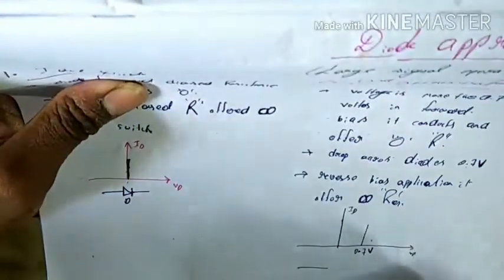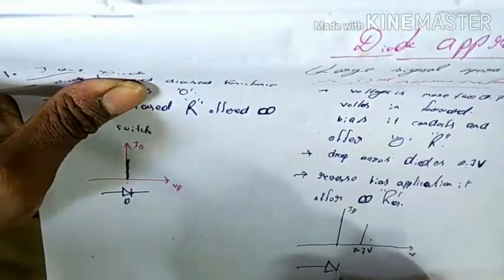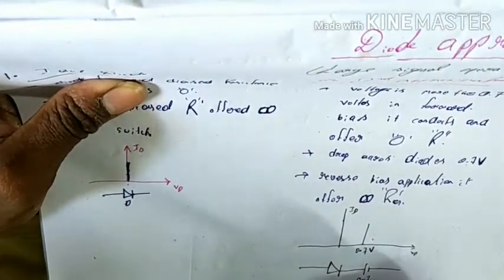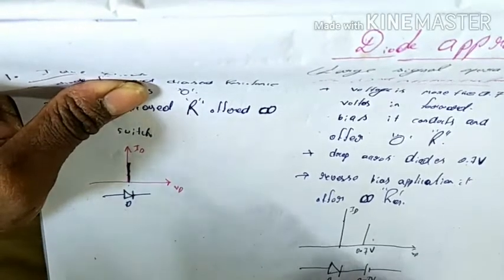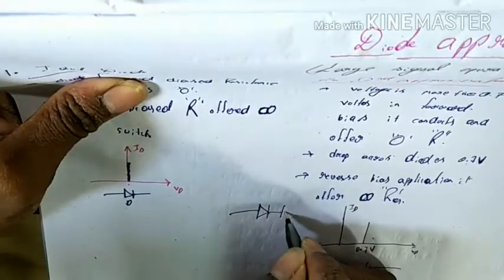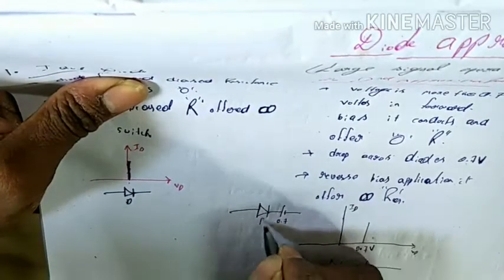Here it is the symbol for the diode approximation to 0.7 volts. This one is the second approximation, 0.7 volts. This is the diode.